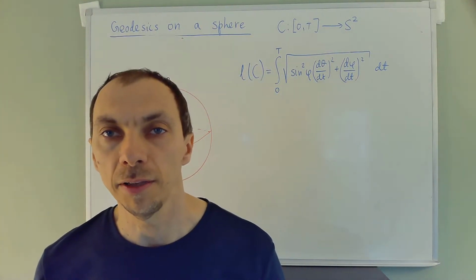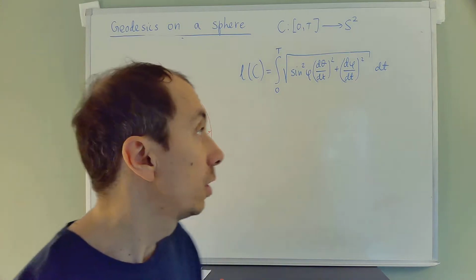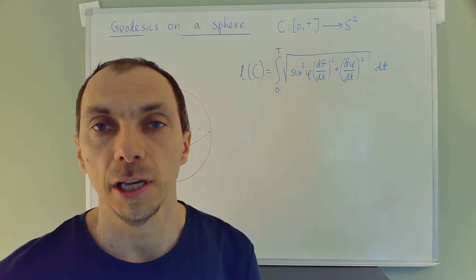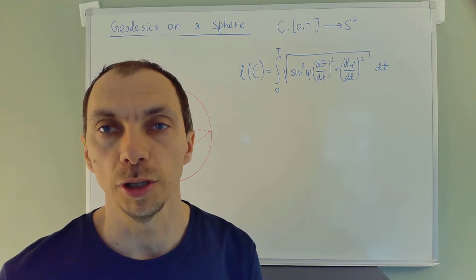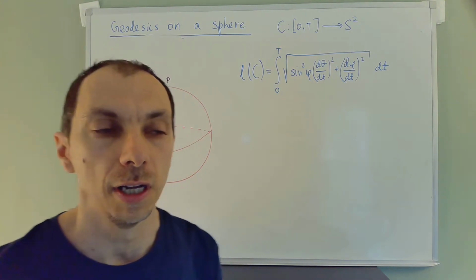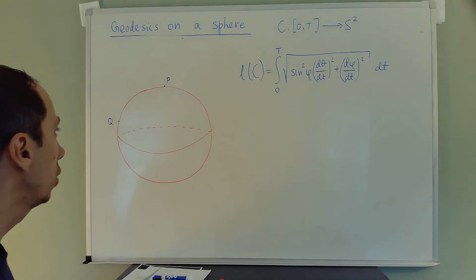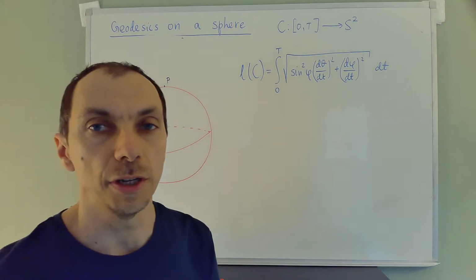Okay, so after our lengthy calculation of this formula that gives you the length of a curve given in spherical coordinates, a curve that lies on a sphere, let me say two more things about this calculation and generally geodesics on a sphere.